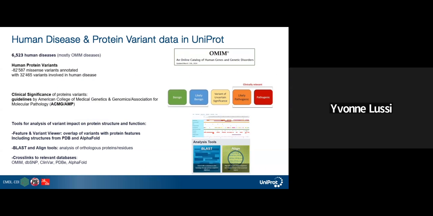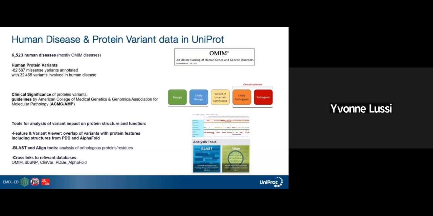For human disease and protein variant information in UniProt, currently we have 6,523 human diseases annotated, which are mostly Mendelian inherited diseases and classified by OMIM. We have over 82,000 missense variants annotated for human proteins, and thereof over 32,000 variants are involved in human disease.